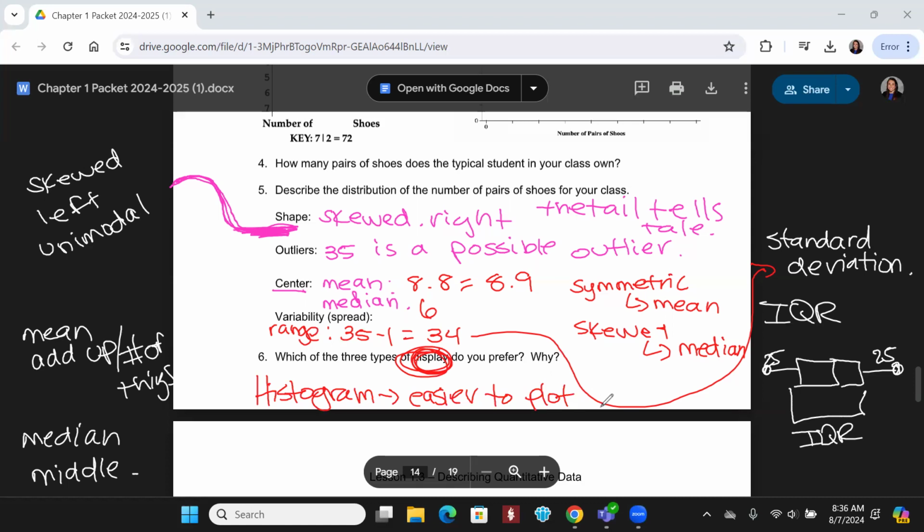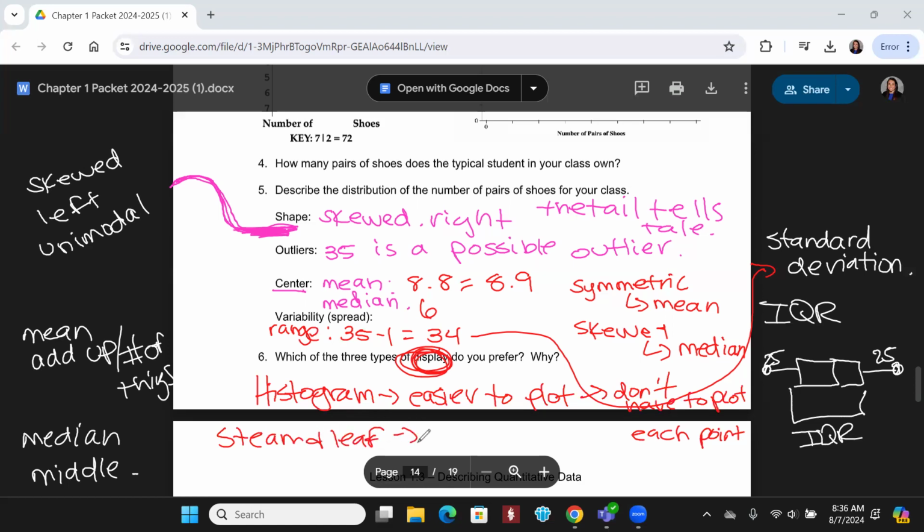For instance, we grouped together 1 through 9, right? And then we grouped together 10 through 15, right? So you don't have to plot each point. Why would you want to pick the stem and leaf? Because you're weird. Oh, okay.